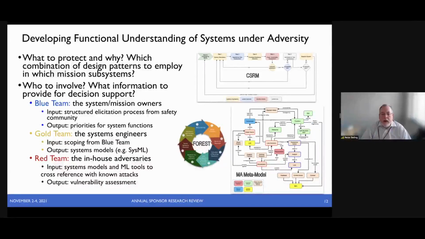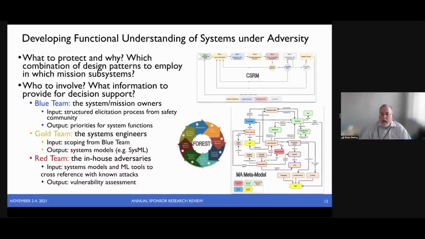All of that has a system performance impact. So there will be a trade-off between the prioritized list that the blue team ends up producing and the realities of the situation viewed from system performance or monetary objectives. But what we're going to ask the blue team to do is produce that prioritized list, and then that becomes input for our gold team.